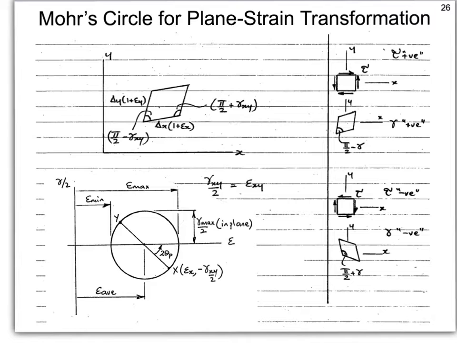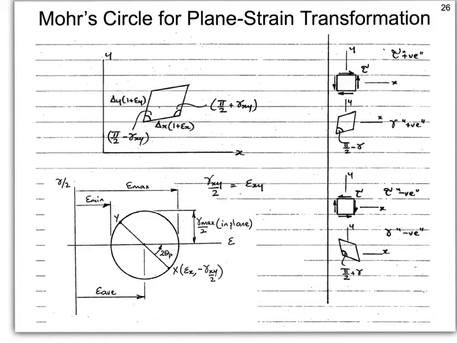So when we plot Mohr's circle, it's the same thing that we did with stress. On our horizontal axis we have the normal strain rather than the normal stress, and on the vertical axis we have the shear strain divided by 2, whereas with the stress Mohr's circle we just had the shear stress.